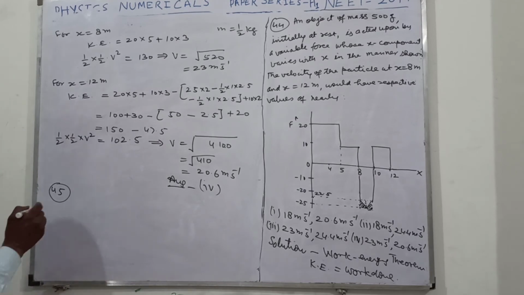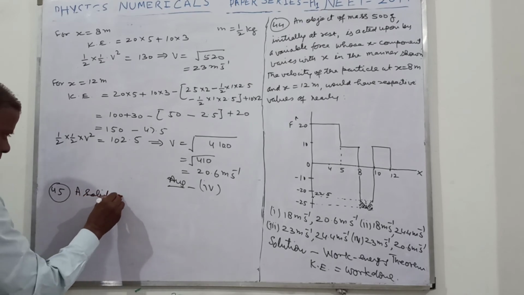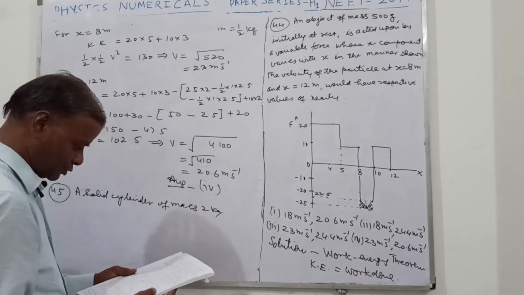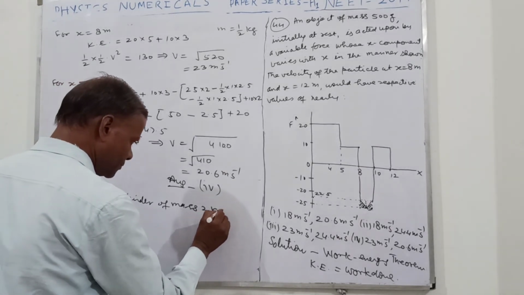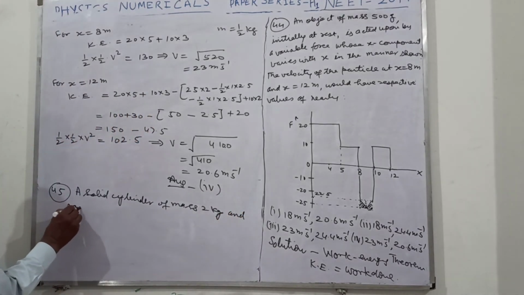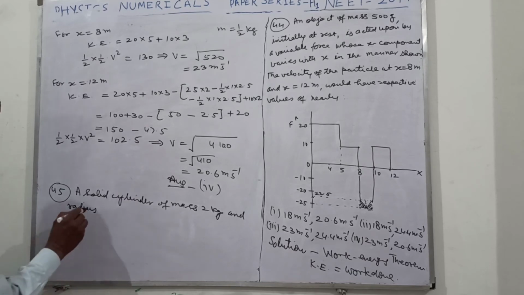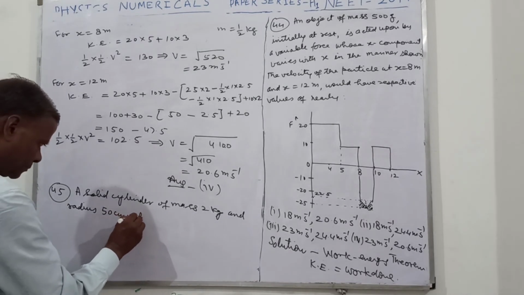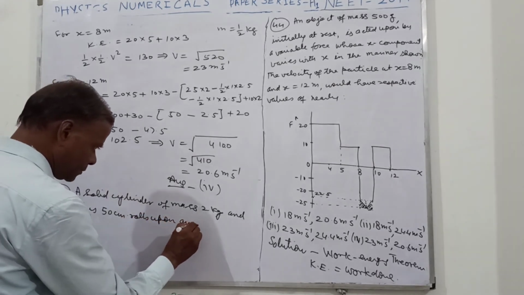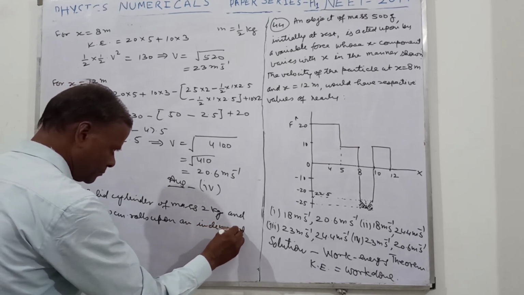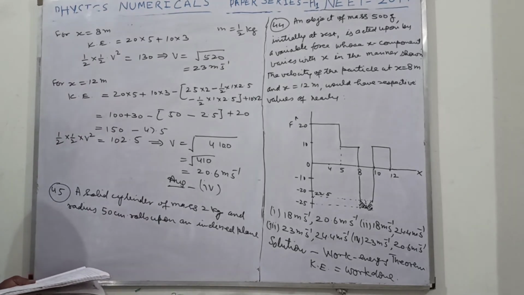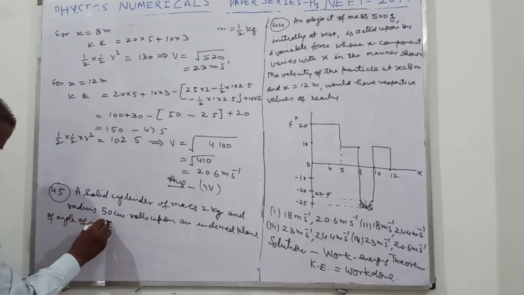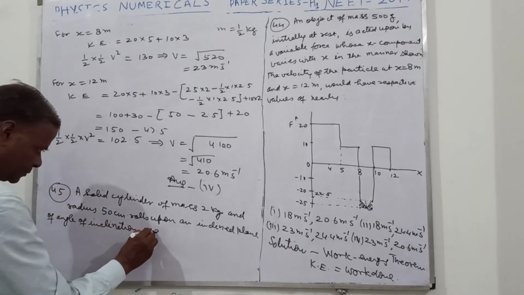A solid cylinder of mass 2 kg and radius 50 centimeter rolls upon an inclined plane of angle of inclination 30 degree.